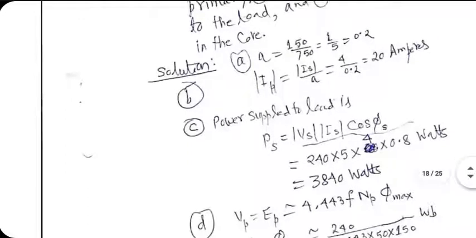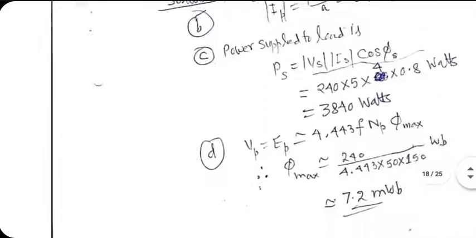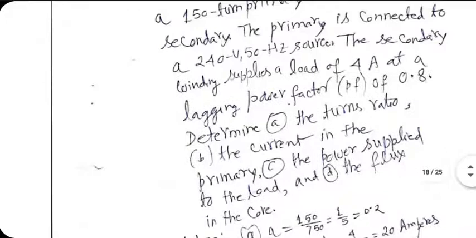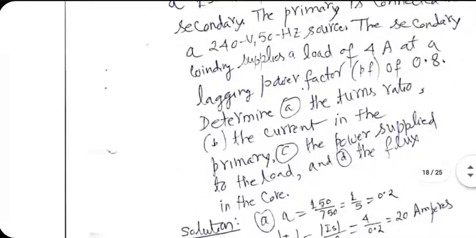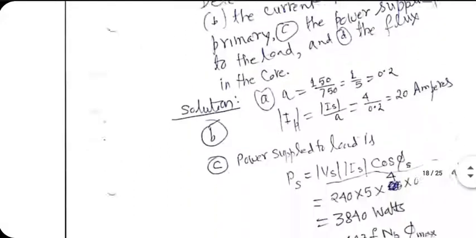Okay. And it's a lossless case. So Vp and Ep are same, and this is the formula. Using that formula with all the information given, it should be easy to figure out the maximum value of the flux in the core. Flux in the core, yeah, maximum value.